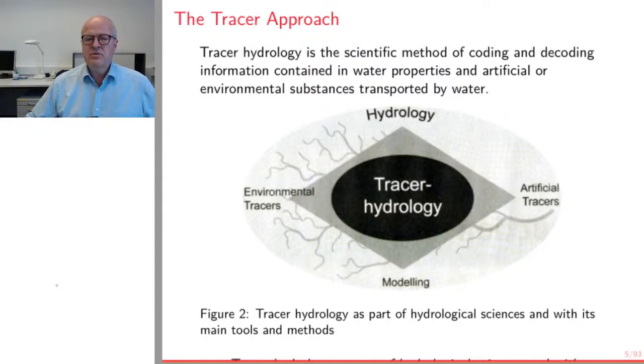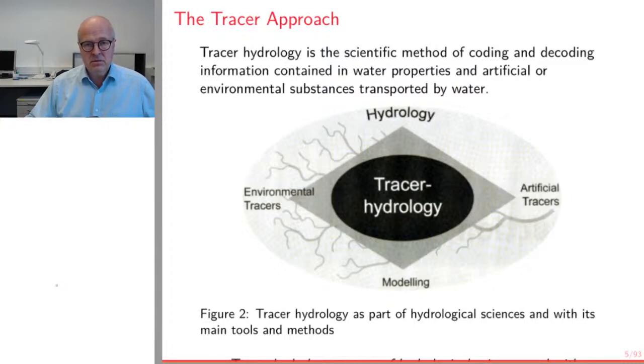But in this graph, you see that they are both complementary. They form part of one graph. They are both used to understand hydrology and hydrological processes much better. And they both require modeling techniques and tools to be applied. I would even say artificial tracers and environmental tracers are or should be complementary.